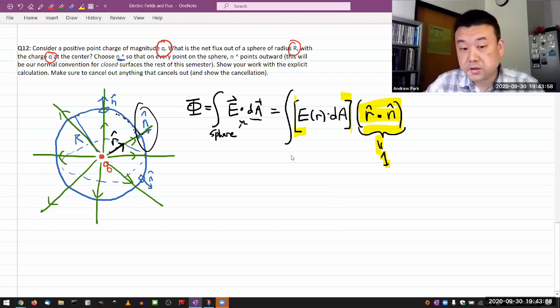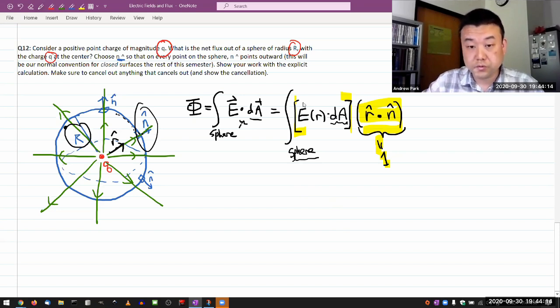And there's additional simplification here, which is the fact that we are doing the area integral over the points on the sphere, and every point on the sphere is at distance r.